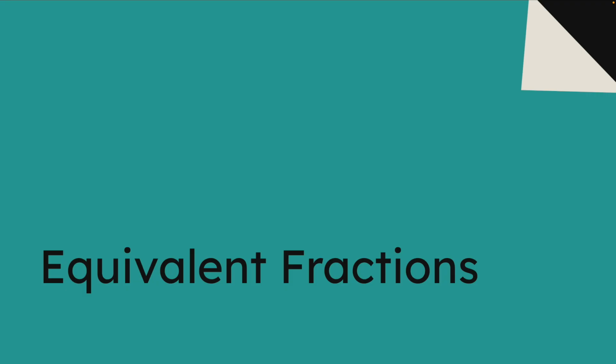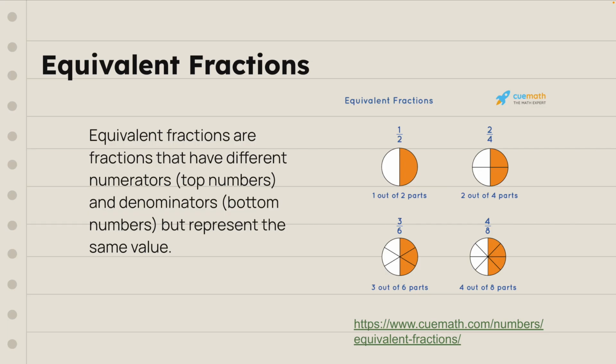So let's start with equivalent fractions. Equivalent fractions are fractions that have different numerators and denominators, but represent the same value. If you look at this picture here from Q Math, we have 1/2. The pizza has been cut into 2 pieces and we have 1 of those.